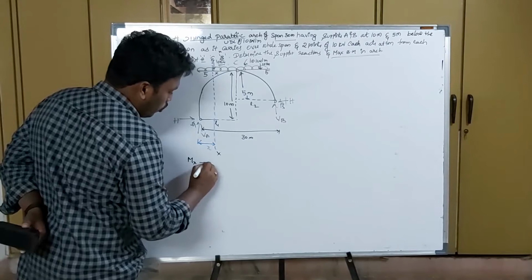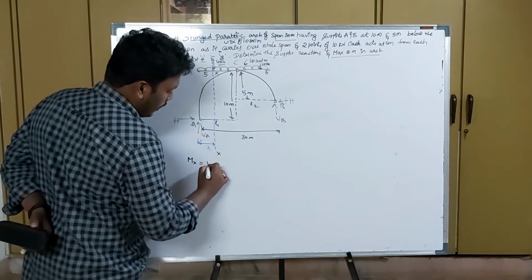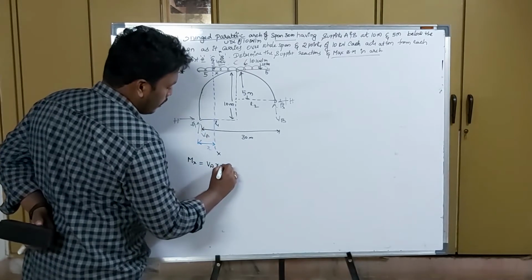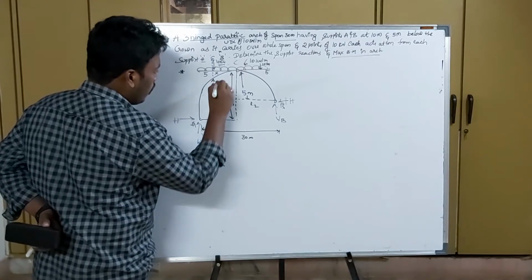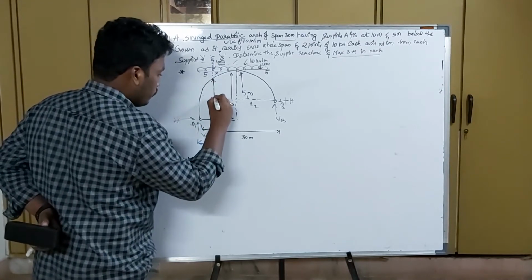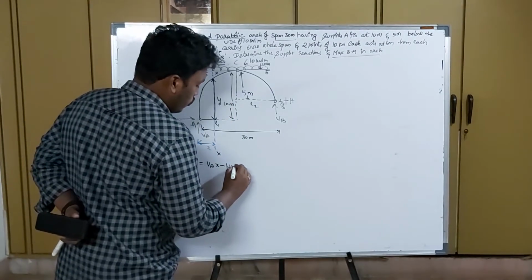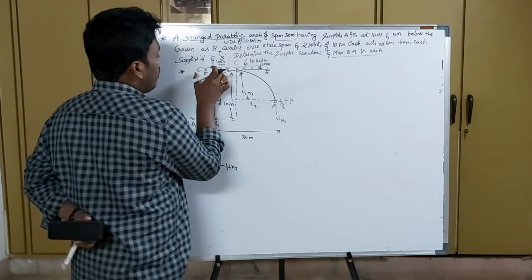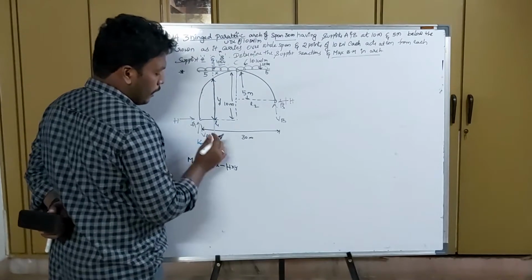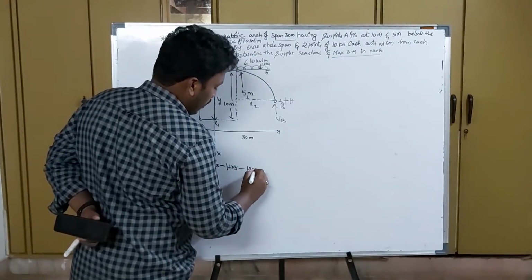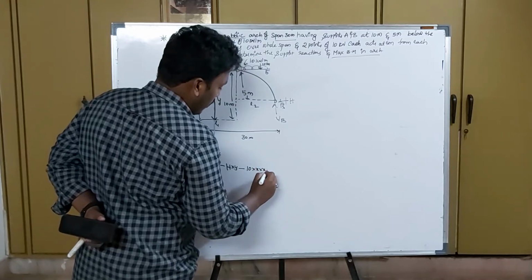Let us see what Mx will be. VA into the perpendicular distance, VA into x minus H into, I need to know this height, let it be some y, H into y, and there is a load over here of 10 kilonewtons of span x, so minus 10 into x by 2.